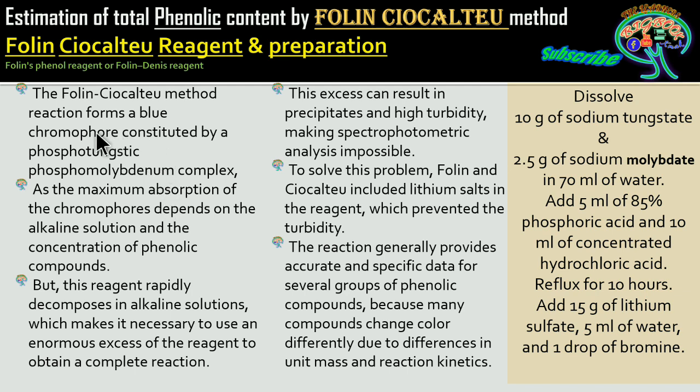In one they use phosphomolybdenum and phosphotungstate; in the other they use sodium tungstate and sodium molybdate. But you have to make a note that both tungstate and molybdate have to be there to take part in the reaction.